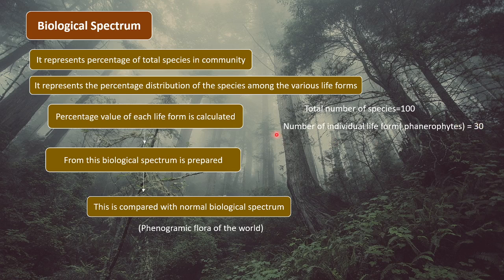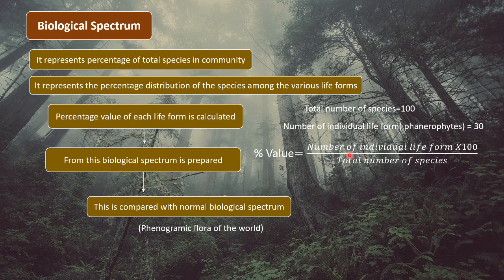So when we identify, for example, we found that the number of the life form phanerophyte is 30, which means that 30 individuals are phanerophytes. So how are we going to calculate the percentage value? This is the simple percentage formula.